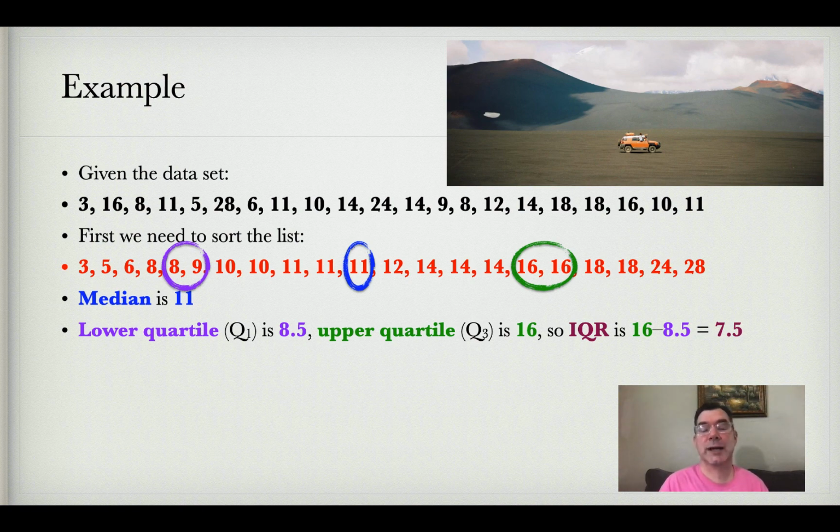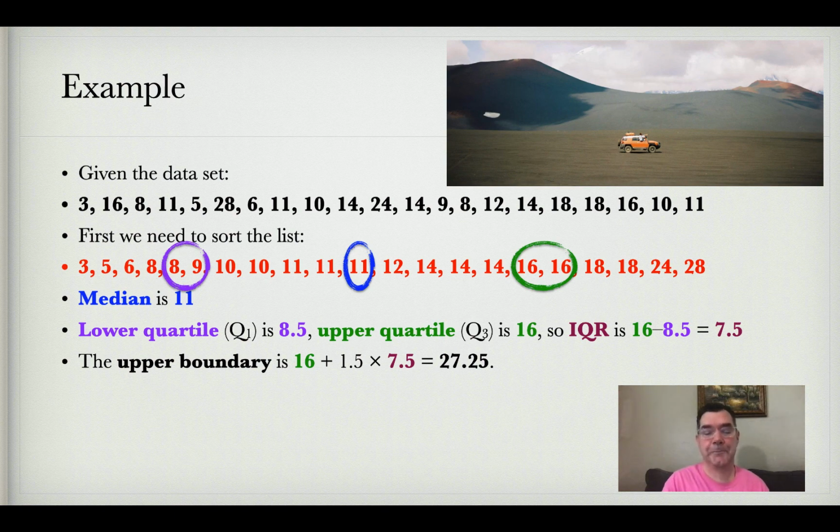So my upper quartile is 16. My interquartile range is the difference between the upper quartile and the lower quartile, which is 16 minus 8.5, or 7.5. So now I have everything I need to figure out my boundaries to find any outliers. The upper boundary is my upper quartile, 16, plus 1.5 times my interquartile range of 7.5, and that ends up being 27.25.